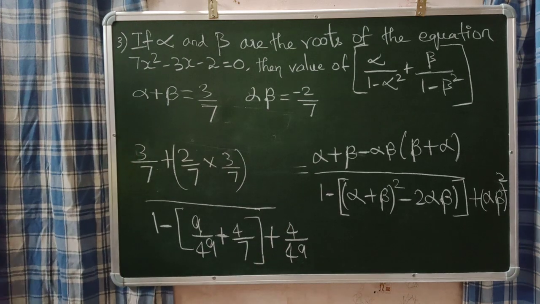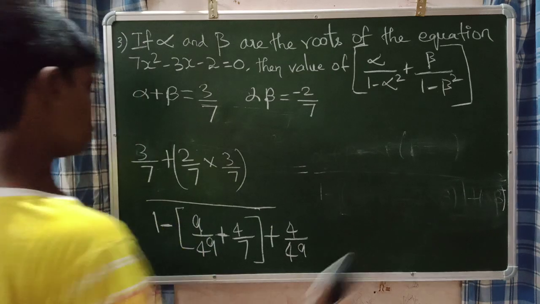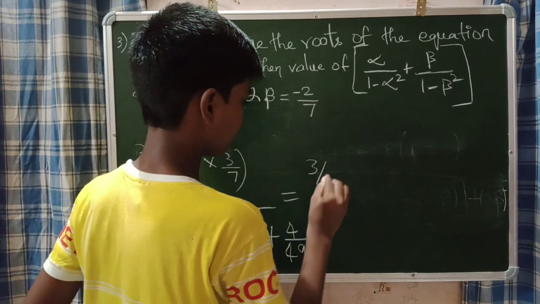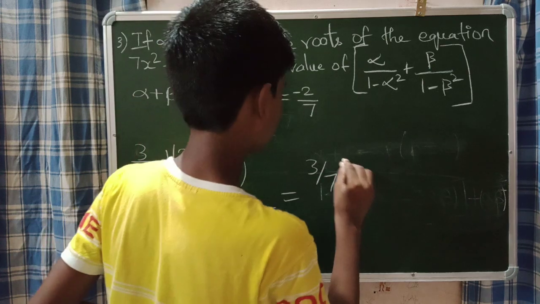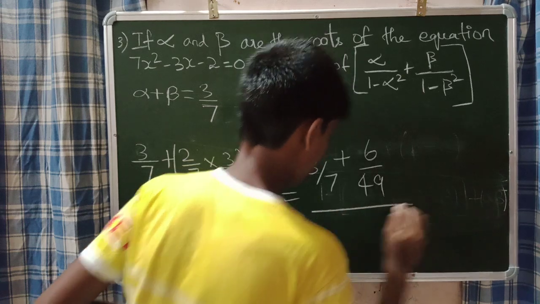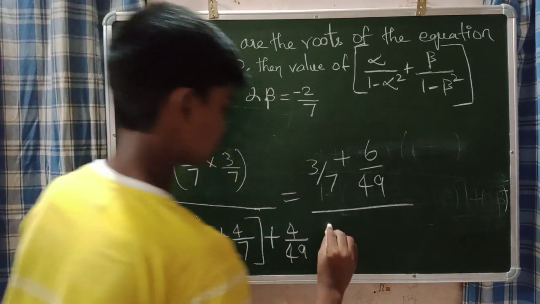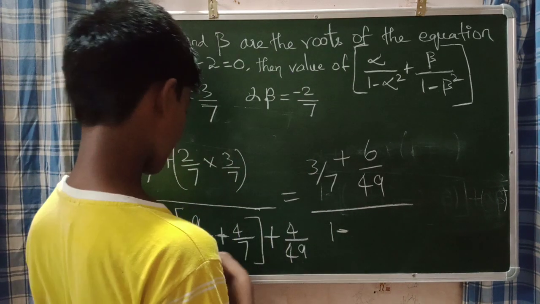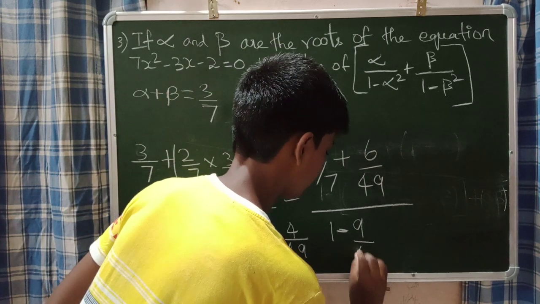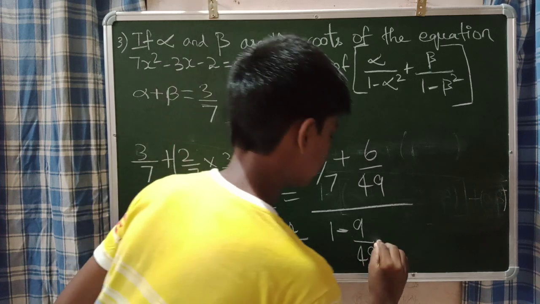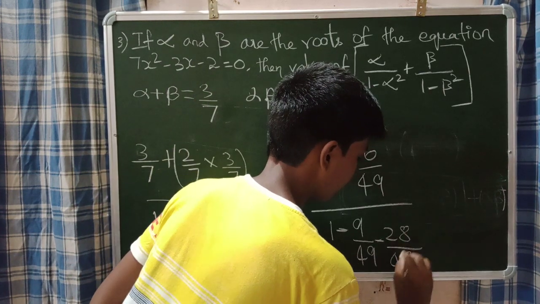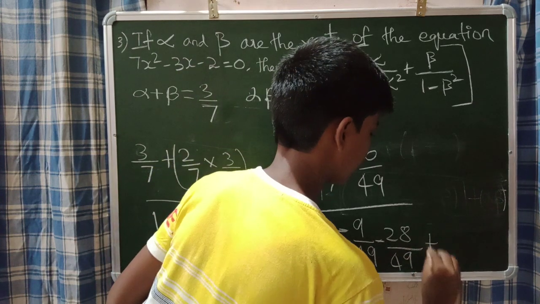Now guys, when you simplify, what you will be getting is 3 by 7 into plus 6 by 49, divided by 1 minus 9 by 49, minus 28 by 49, plus 4 by 49.